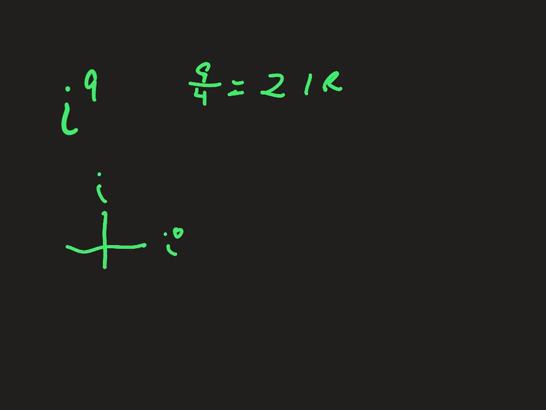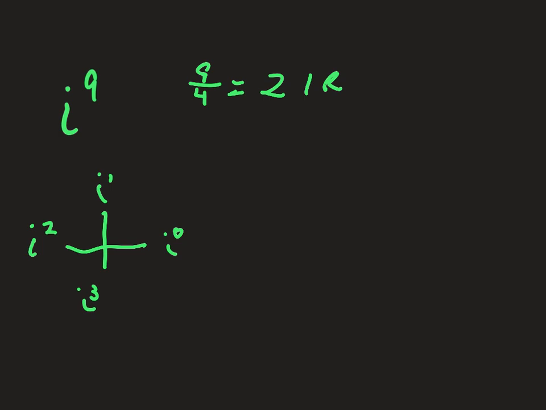So let's take something like I to the 9th power. What we do is we take 9 and divide it by 4, and we know that 9 divided by 4 is 2 with 1 remainder. So what that means, if I to the 0 is here, we go I to the first power, I squared, I cubed, I to the 4th and I to the 0 is the same thing.